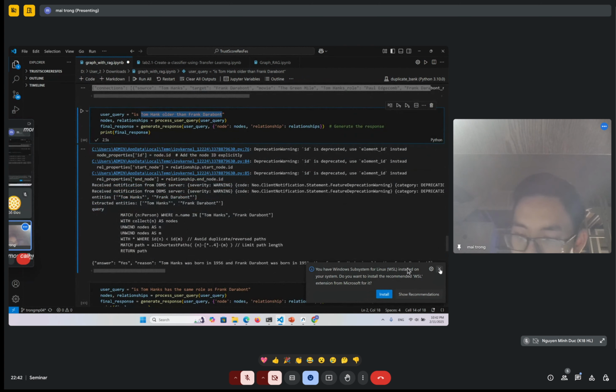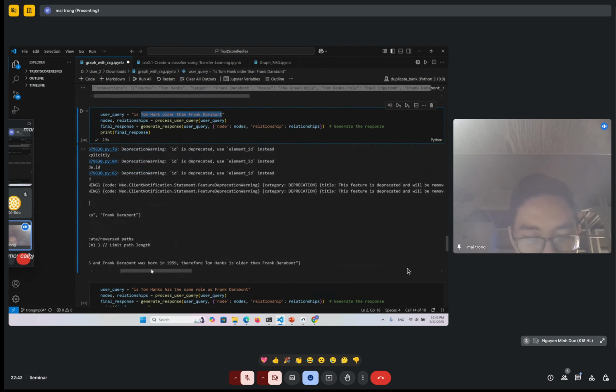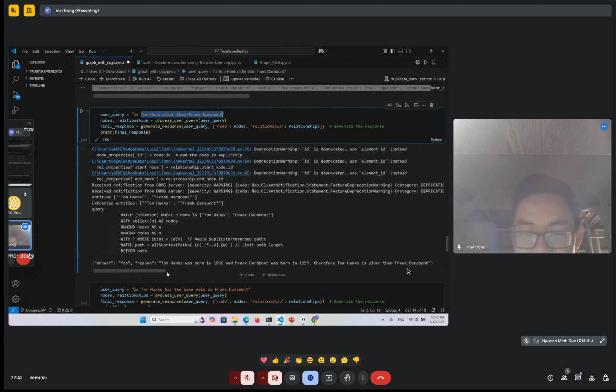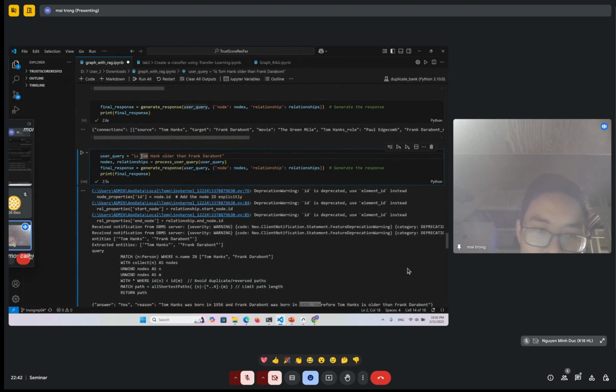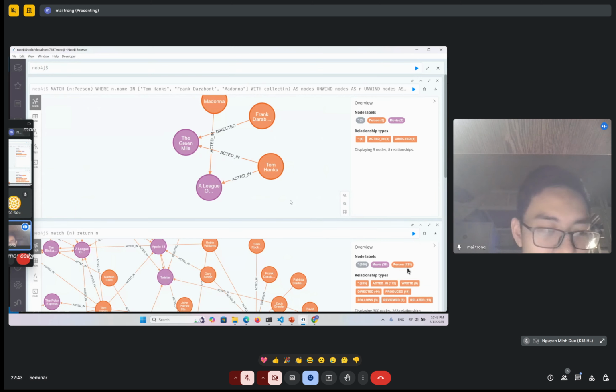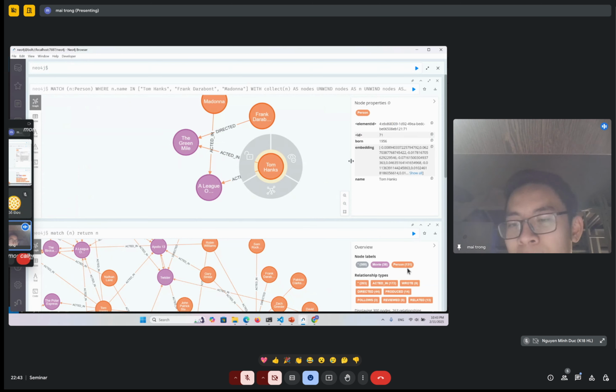Yes, Tom Hanks was born in this year, and the other was born in this year. And you have seen that Tom Hanks is a key, right? Frank Darabont also. But the word "older than", I don't have that word yet.